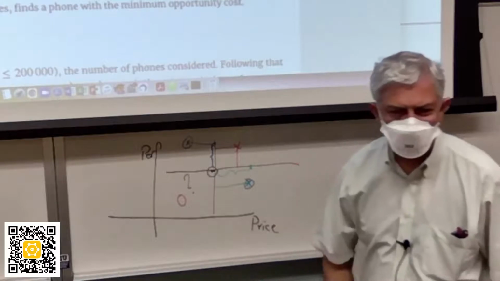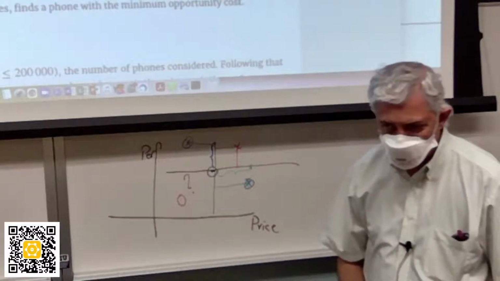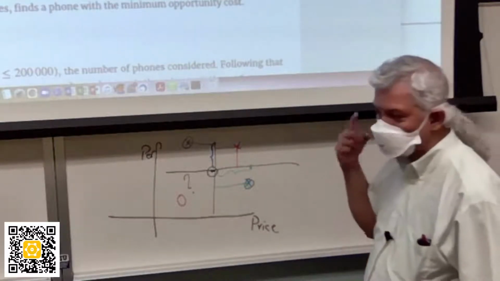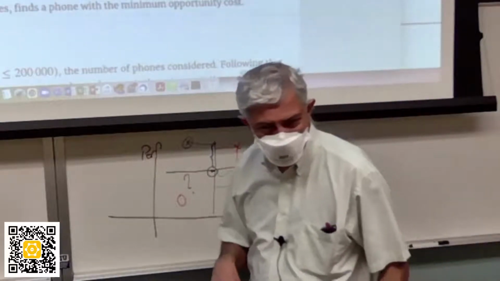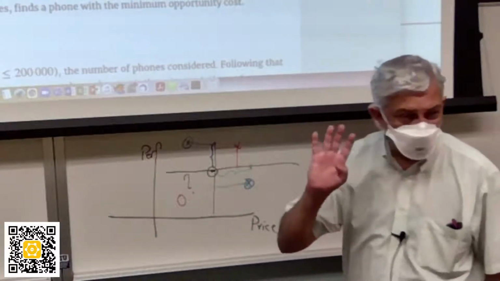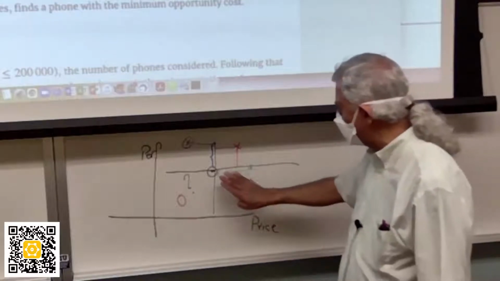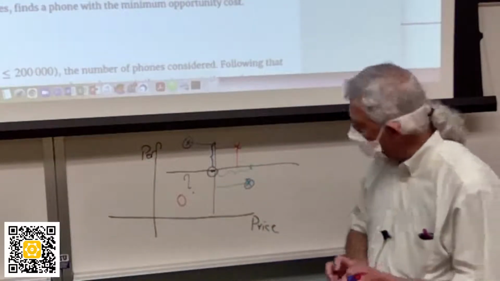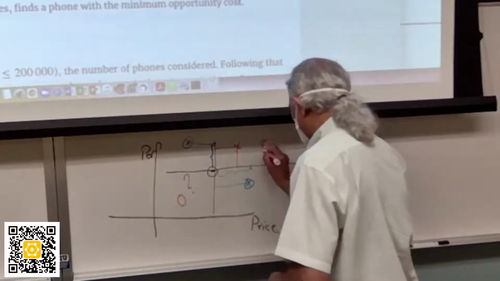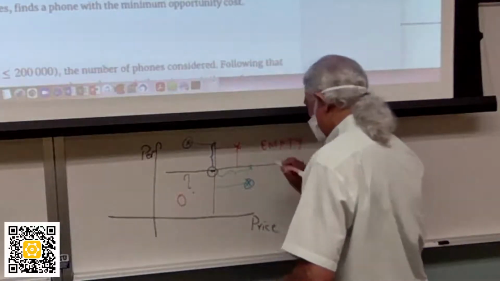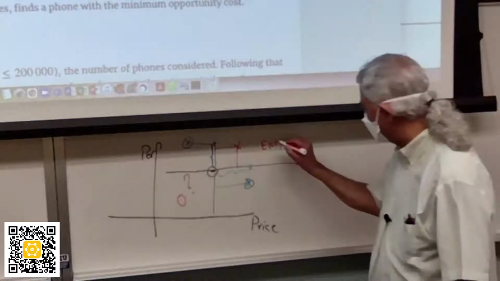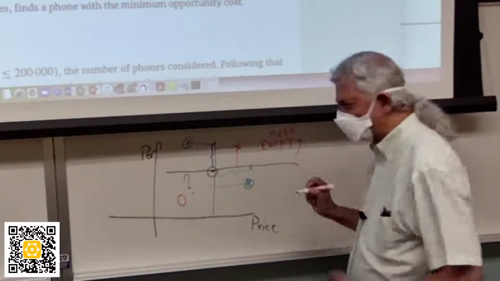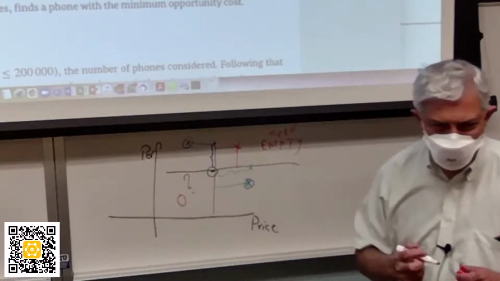This guy is not even a competitor, because I need one that's going to be better than this. All right? Is this clear? So forget about anything where this part is non-empty. So we need this to be empty. If it's not, then we skip this and move on to the next item.